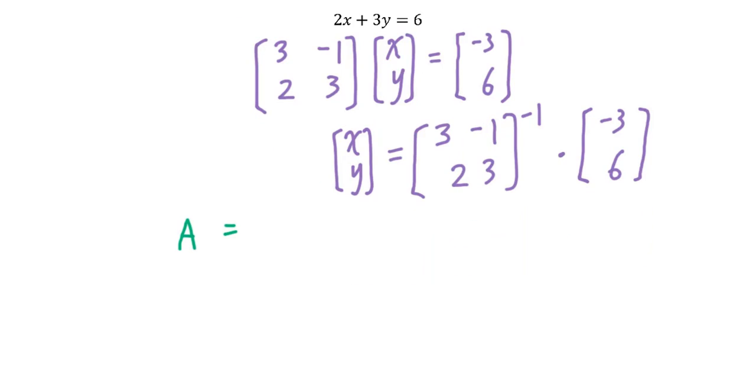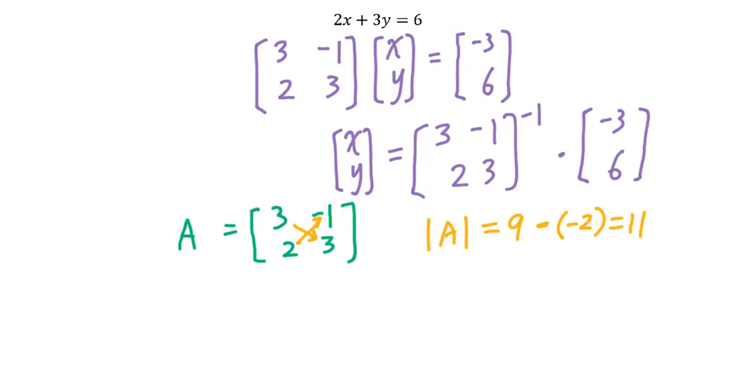Let's write down A equals [3, -1; 2, 3]. First step, we need to figure out the determinant. That will be 3 times 3 is 9, minus 2 times -1 is -2, so you get 11.